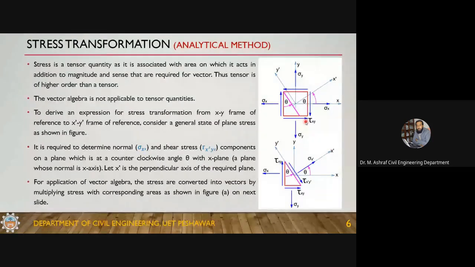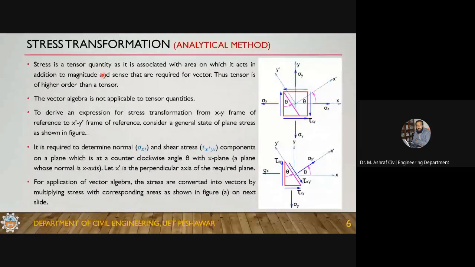This is the combination of two vector quantities, but not like the usual scalar product or vector product. It is associated with area. Such a quantity, which is one order higher than the vector, is known as a tensor quantity.